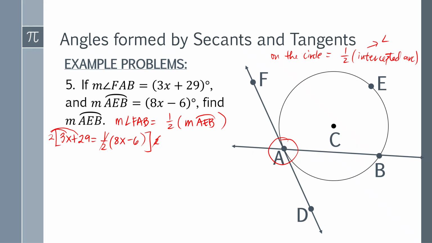Therefore, 2 times 3x is 6x. 29 times 2 is 58, which is equal to, since we removed 1/2 and 2 here, we rewrite this in parentheses, 8x minus 6. I hope that you follow. Now, what we are going to do next is use transposition.